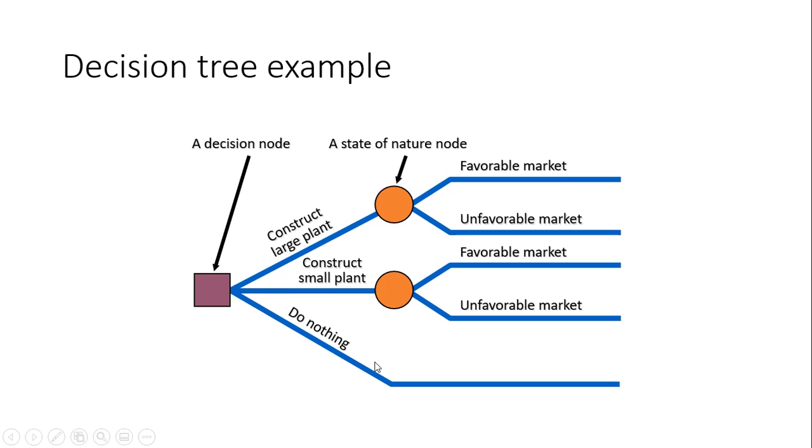You express your problem as a square, and you express your alternatives as lines. We have three lines. The first line is to construct a large plant. Your main problem is that you want to make an investment, a rational investment.